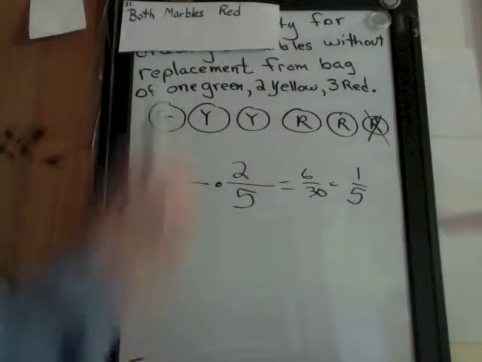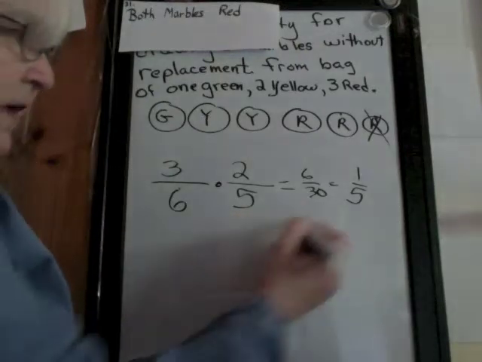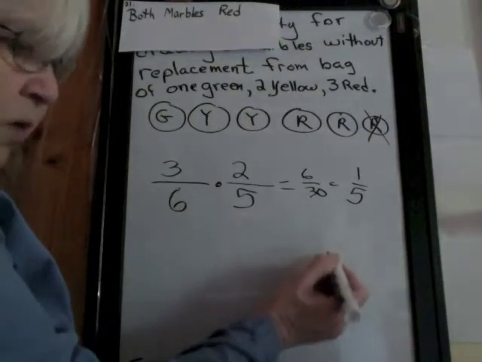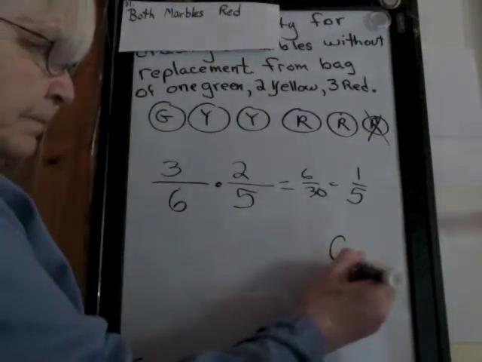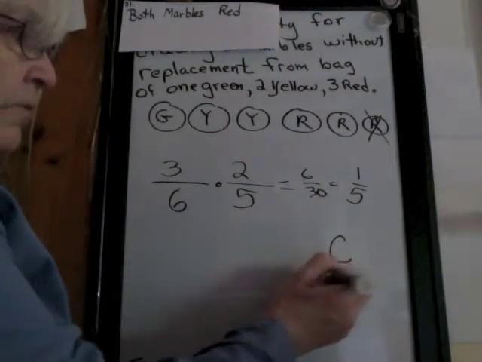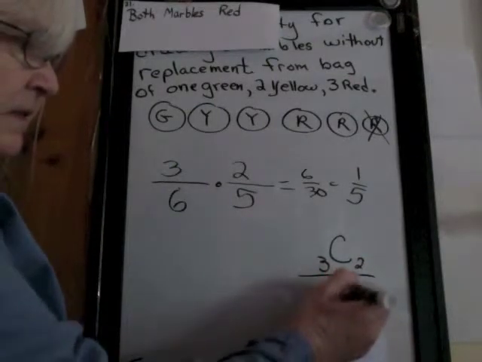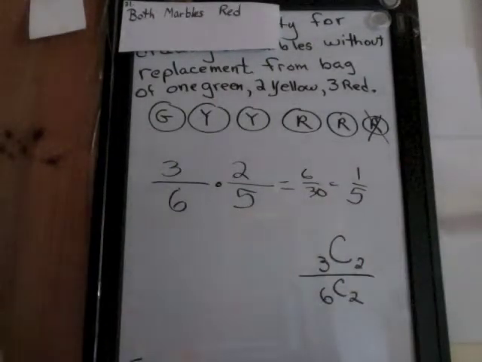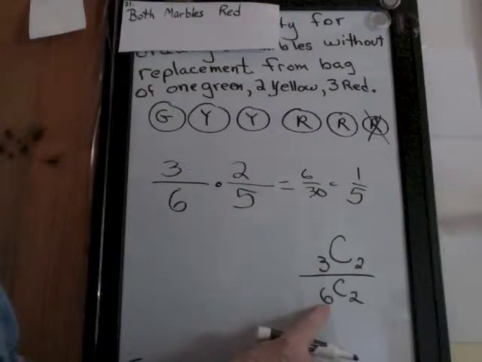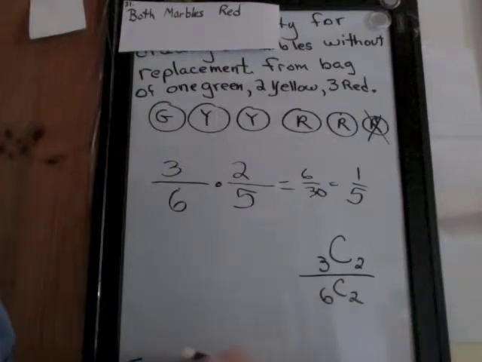Now, there's a way to use the C button on your calculator to get this sort of event too. And what you can do is do 3C2 over 6C2, right? There's six marbles in the bag, and I'm picking out 2. So that's the bottom of your fraction.